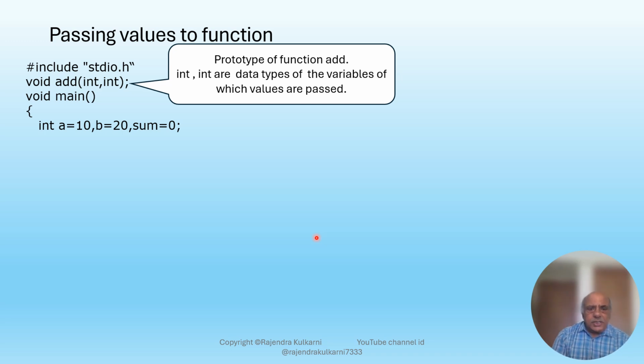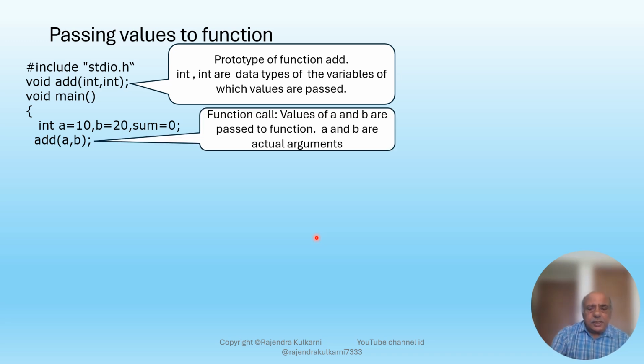Three variables are declared and initialized. Then there is a call to the function add, add(a, b); What this indicates is that the values of variable a and variable b will be passed to the function whenever there is a function call.